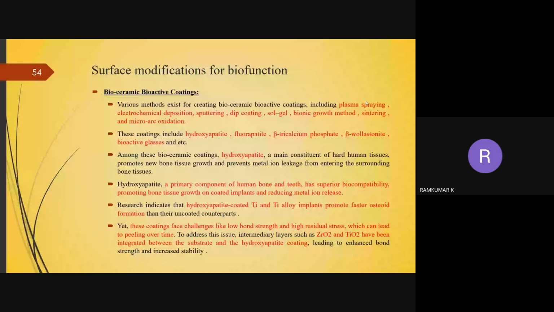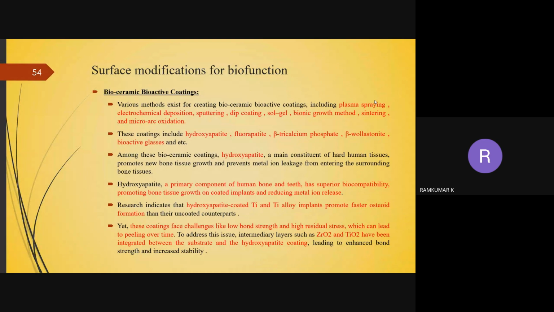Here I have taken hydroxyapatite. Hydroxyapatite is extracted from human tissues, and it helps in creating new tissue growth and prevents metal ion leakage. When we give this coating over the titanium alloy, the metal ion leakage gets controlled, and it helps in generating new tissue growth.